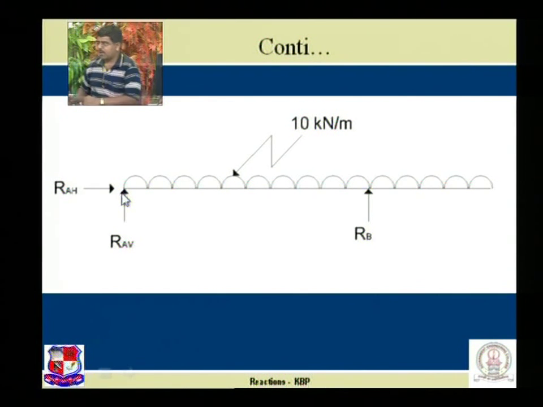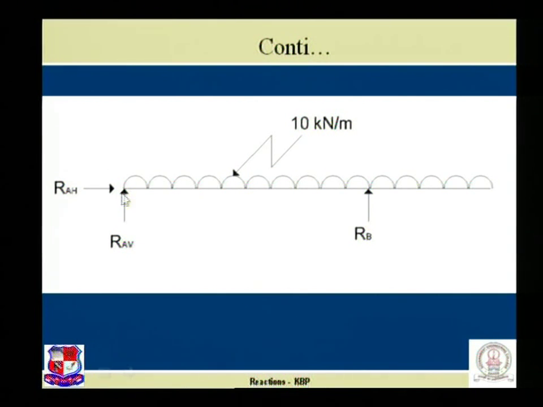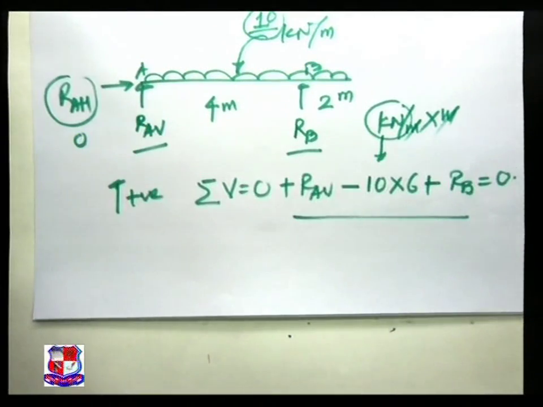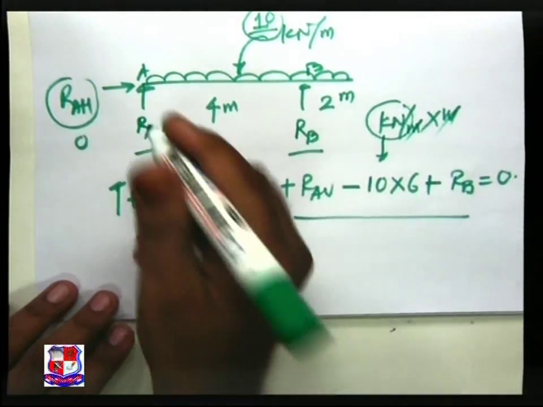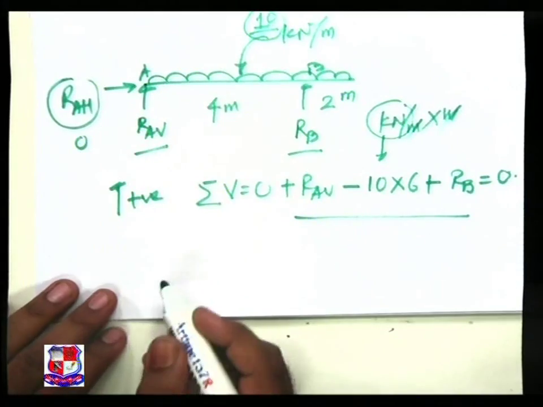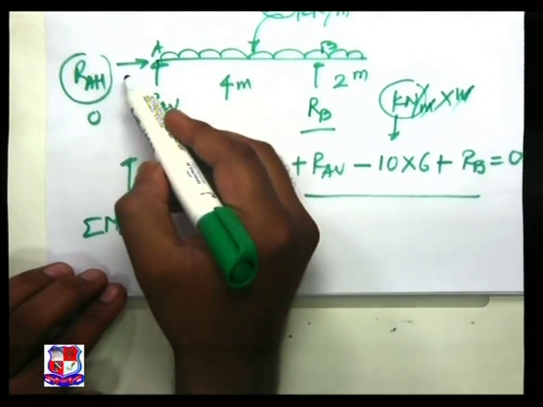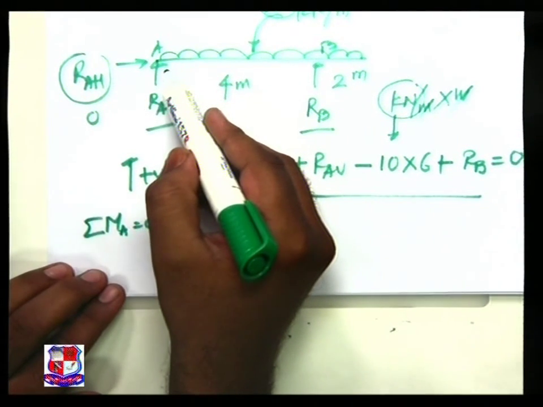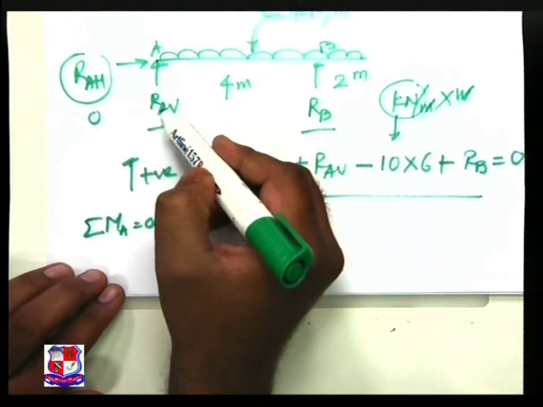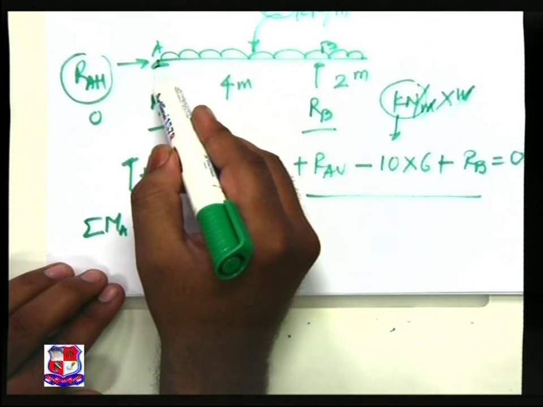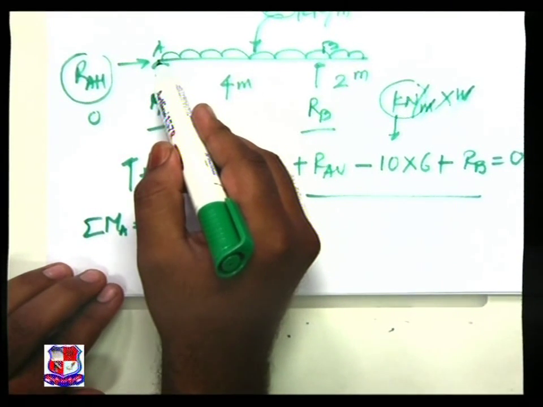Now let us come over here and understand the point. We are taking sigma MA is equal to 0. Now RAH into 0, 0, RAV into 0, 0, because we are taking a moment over here.